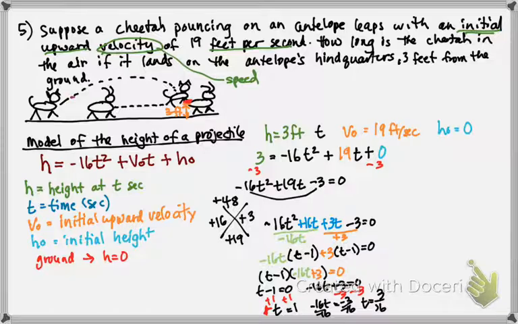It'd be something like this. So that would be the 3/16, that would be this time. Now the question says, how long is the cheetah in the air if it lands on the antelope's hindquarters? So it's got to be the entire time. So the 1 second is going to be our answer. So this guy is going to be the answer to the problem.